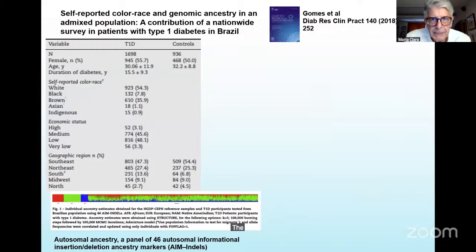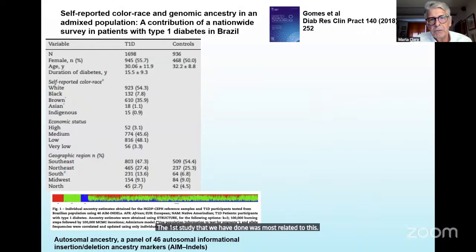The first study that we have done was most related to this genetic background with indels, and at that moment Professor Daisy Silva had established with her colleagues an indel panel that could map Amerindian ancestry, sub-Saharan ancestry, and also European ancestry.